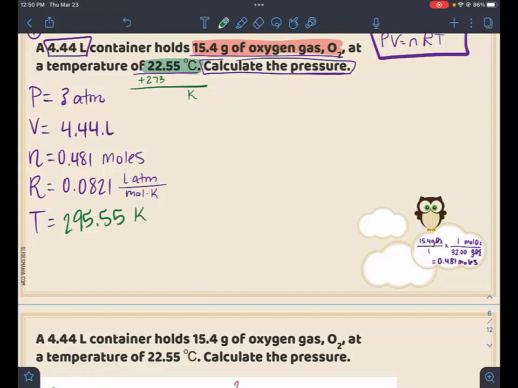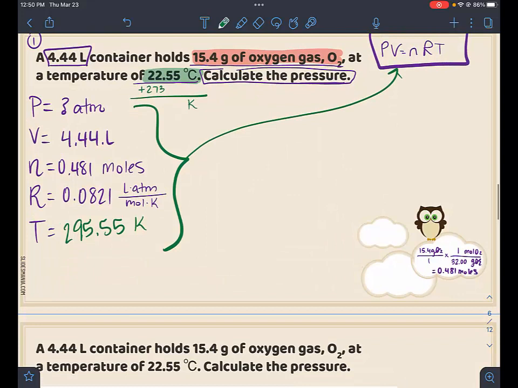The next step would be to take our list and substitute it into PV equals nRT. So here we go. P is still our unknown, so I'm going to leave it as is. I like to put these numbers in parentheses as I solve them just to keep them separate. Volume is 4.44 liters equals, my number of moles is 0.481, my R value is 0.0821, and my temperature was 295.55.